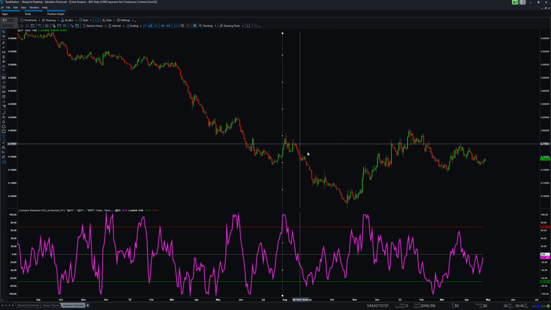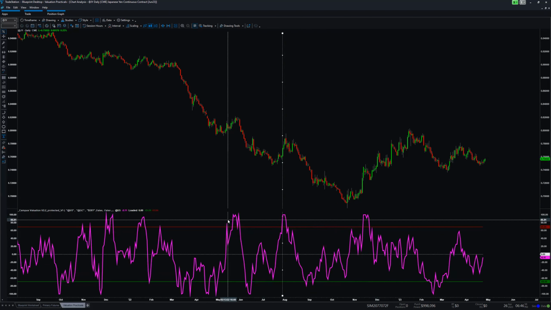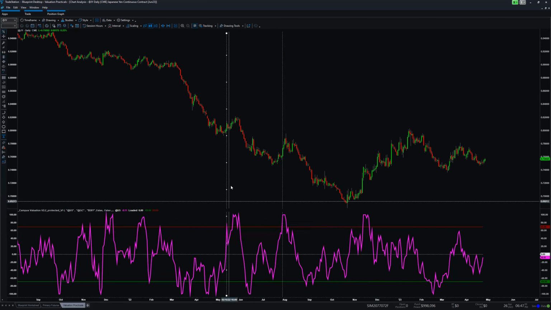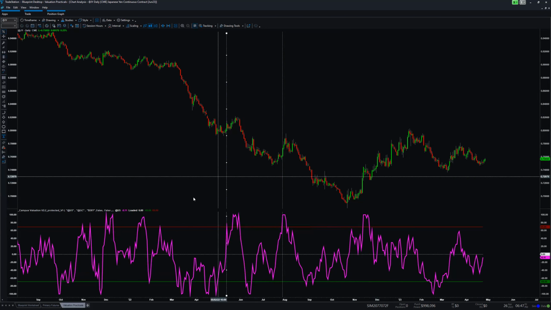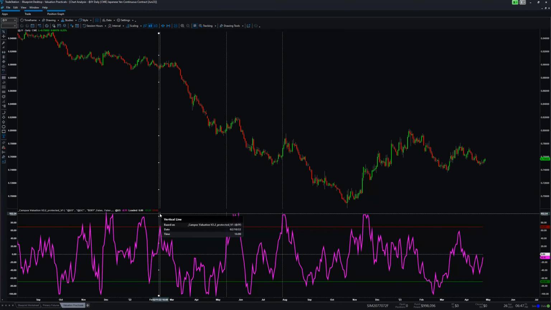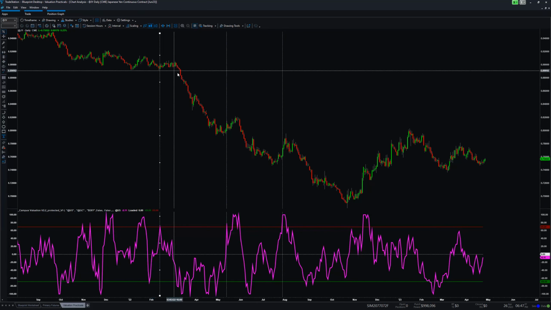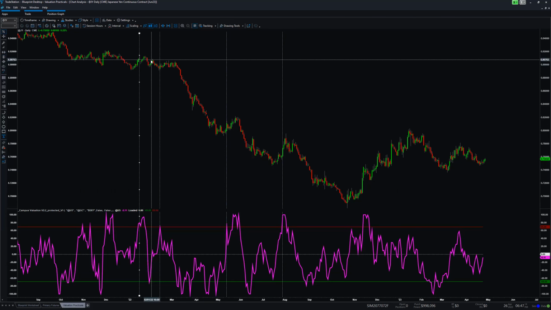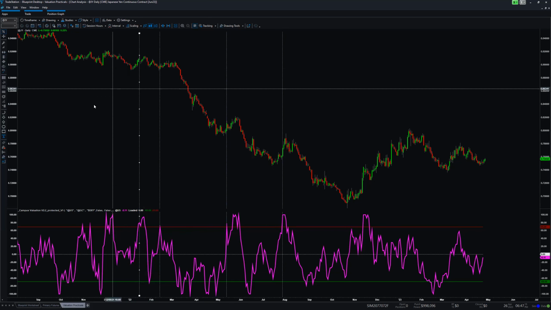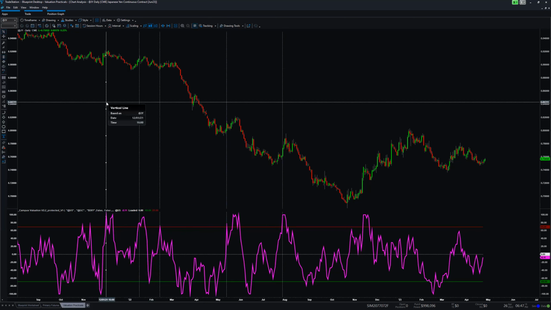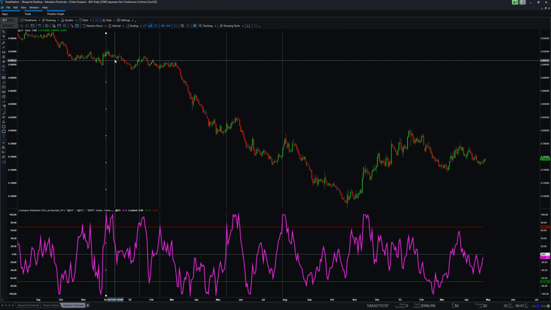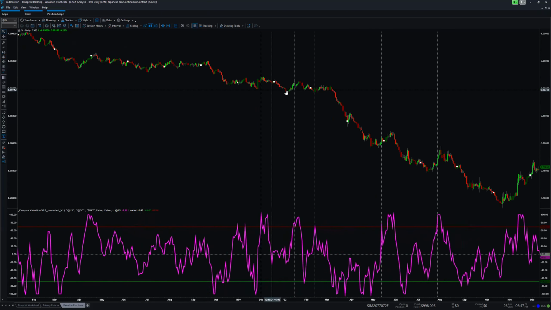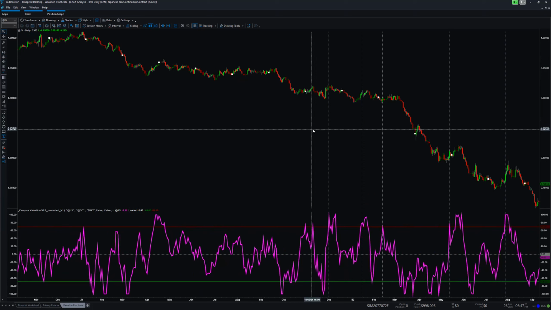Overvalued also too early, but then it produced a nice decline. Overvalued too early, but then it produced a nice decline. Overvalued, eventually we produce a nice decline. Overvalued here again too early, and then eventually we produce a decline. So it does work to an extent, but it doesn't work as great as it would with the euro.